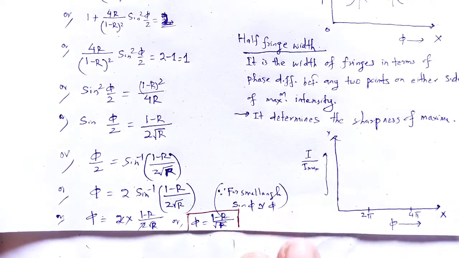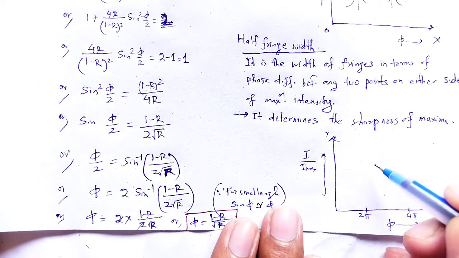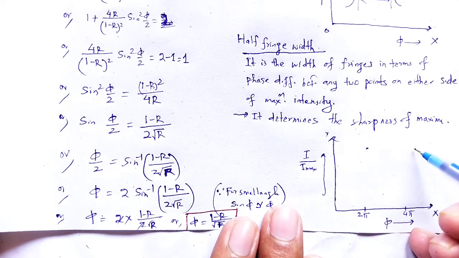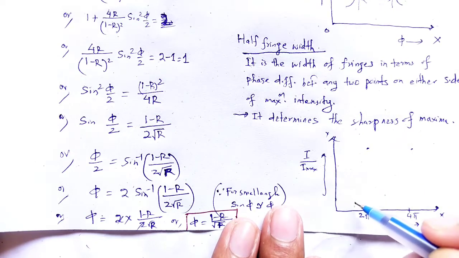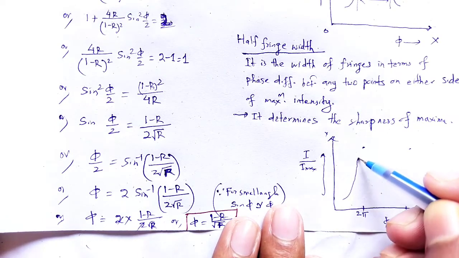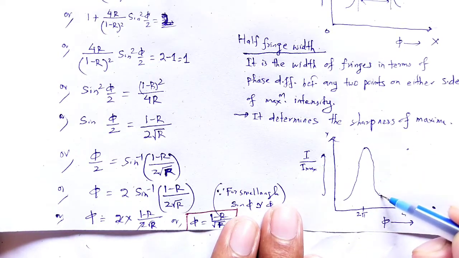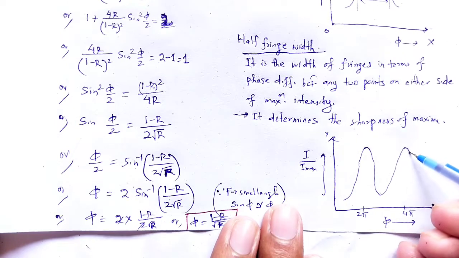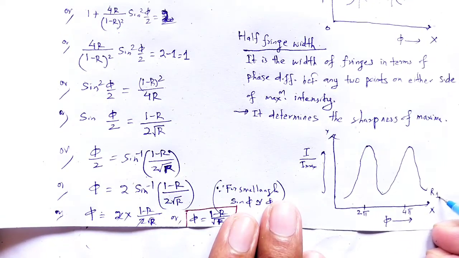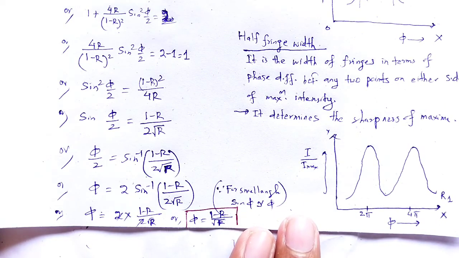At these points we obtain the maximum intensity. So the intensities are maximum here. Let this curve be for R1, the coefficient of reflection.